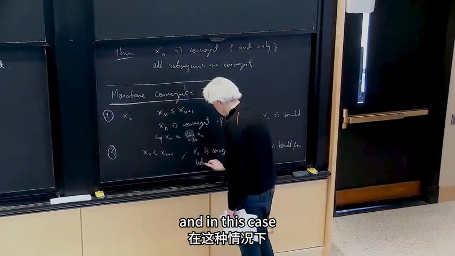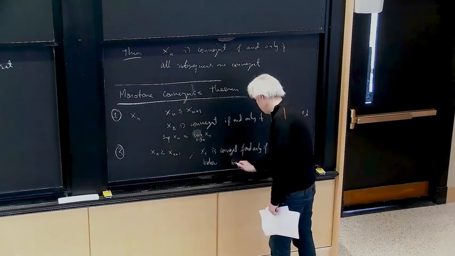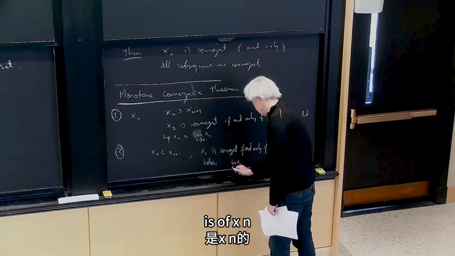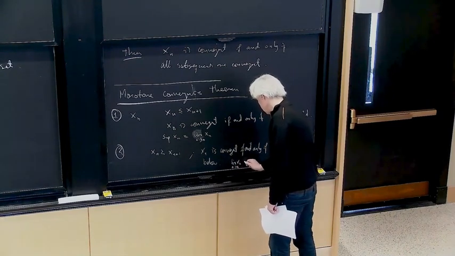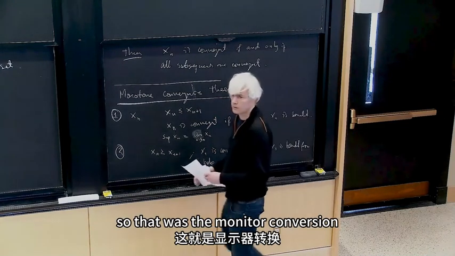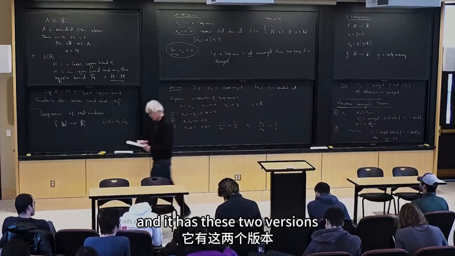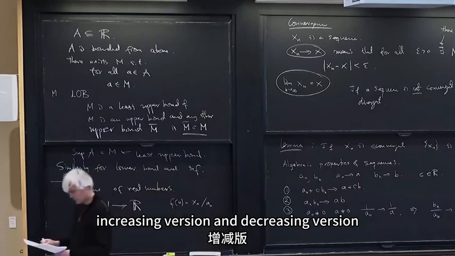And if it is bounded from below, then the limit of x_n is the infimum. Okay, so that was the monotone convergence theorem, and it has these two versions, the increasing version and the decreasing version.